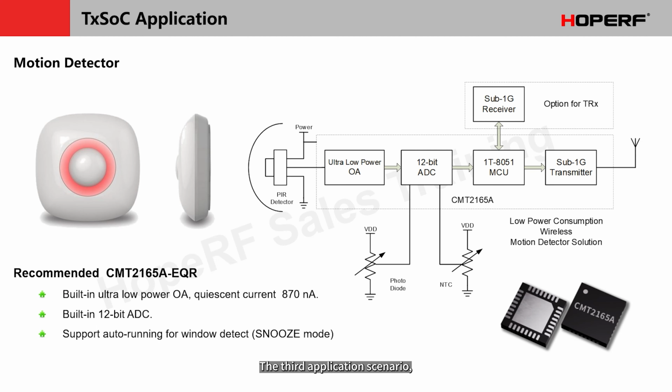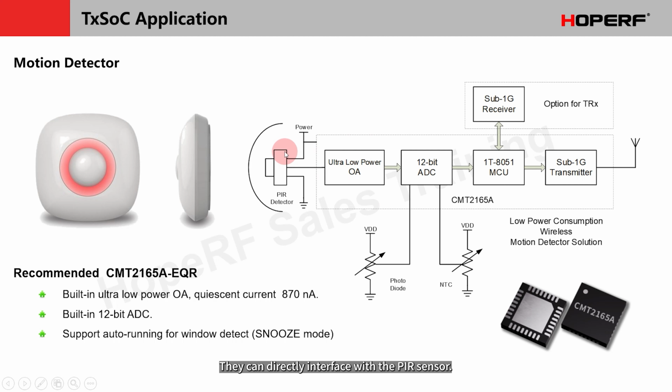The third application scenario is also related to sensor detection and can achieve human body movement detection. The human body movement detection function uses a PIR sensor. It requires an ultra-low power op-amp. Our CMT216X series products include CMT2165A and CMT2168A, which both integrate ultra-low power op-amps.